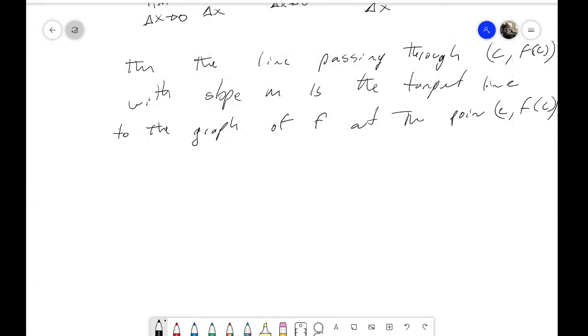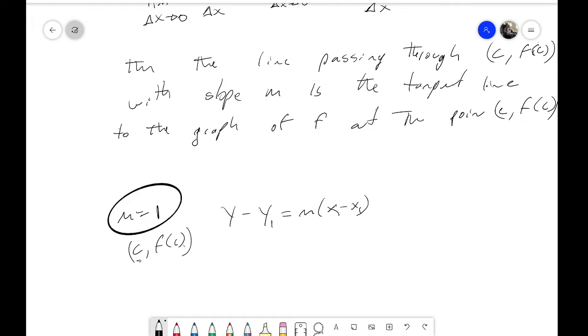So for example, let's say you take the limit as delta x goes to 0 at c, f of c, and you get that the slope is 1. Now that you have the slope 1 and you know what f of c and c are, using these two pieces of information, you could use this formula and write down the equation of the tangent line, because you know what m is, and you know what c and f of c are.